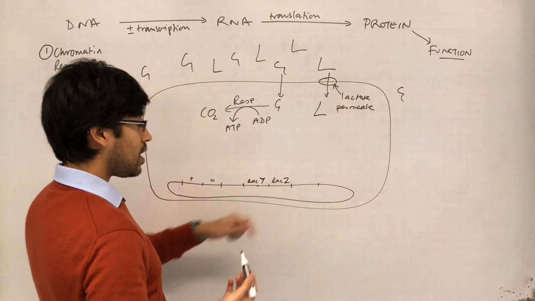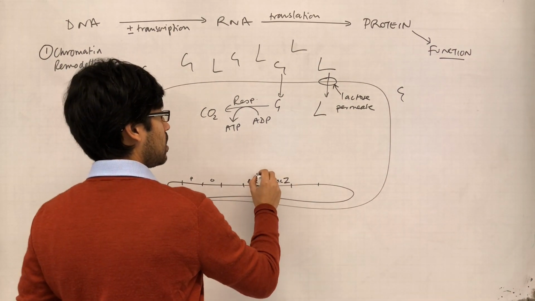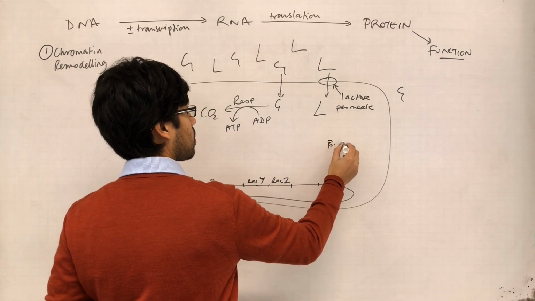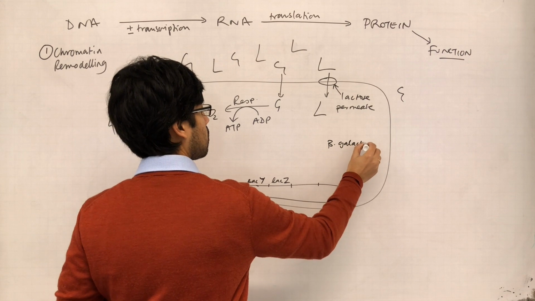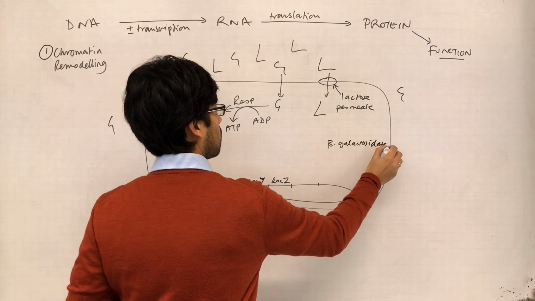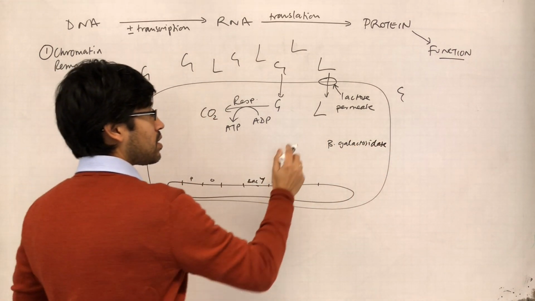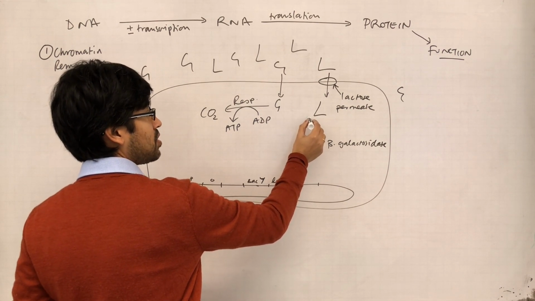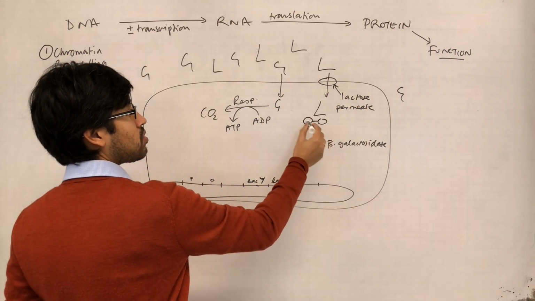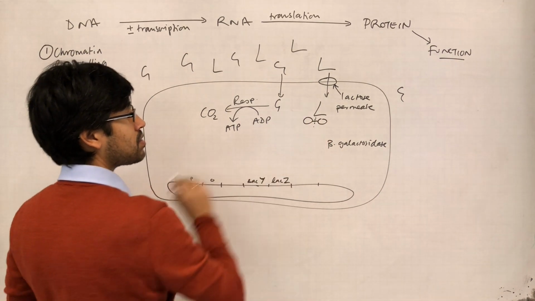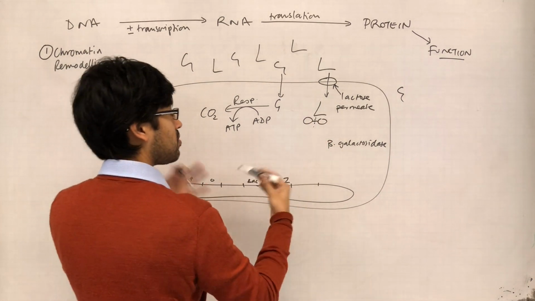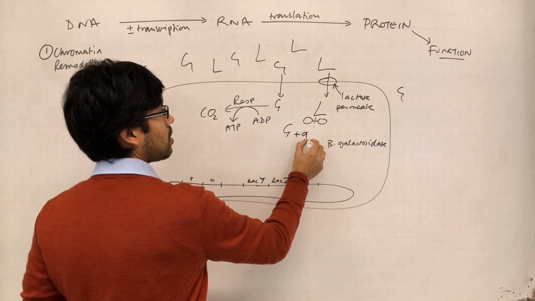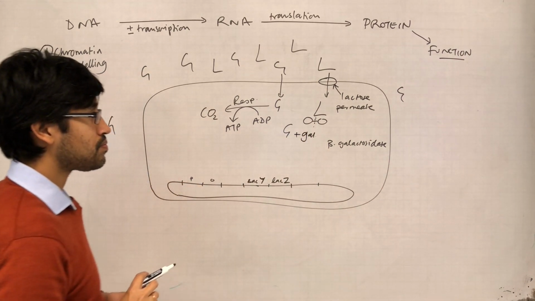The Lac Z gene encodes a protein called beta-galactosidase, and what it does is hydrolyze lactose, which is a disaccharide. It breaks the glycosidic bond by the process of hydrolysis and converts it to glucose and galactose.